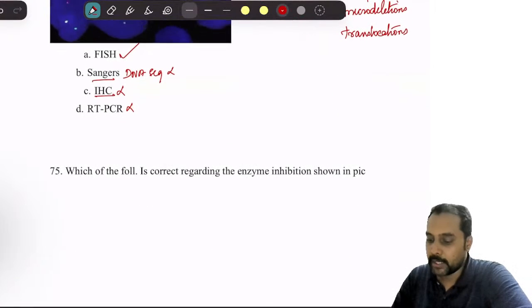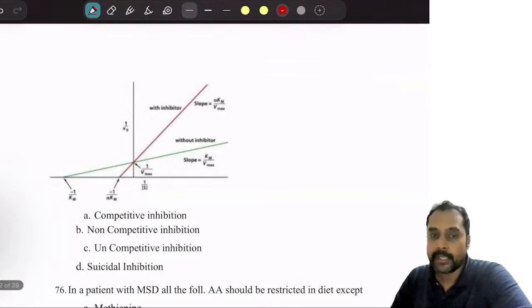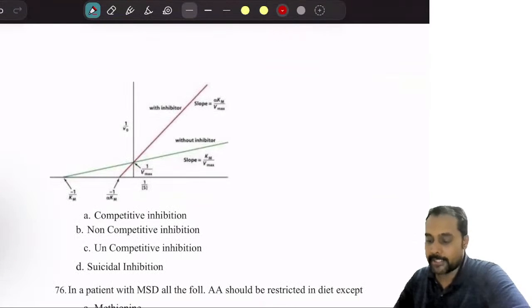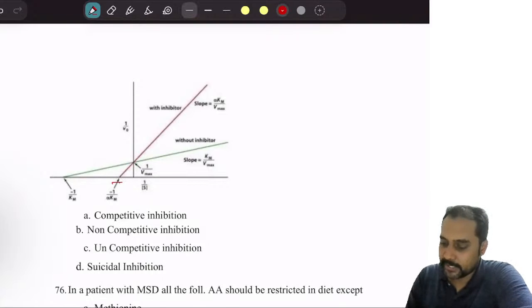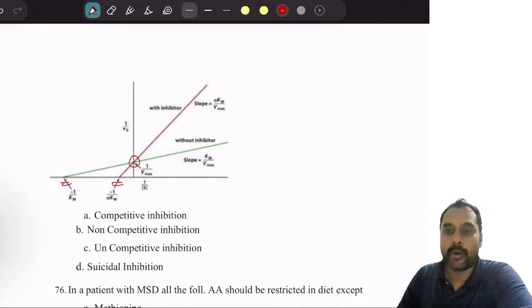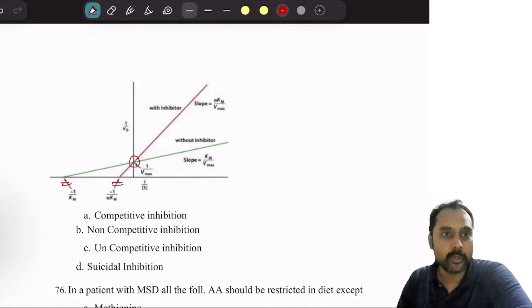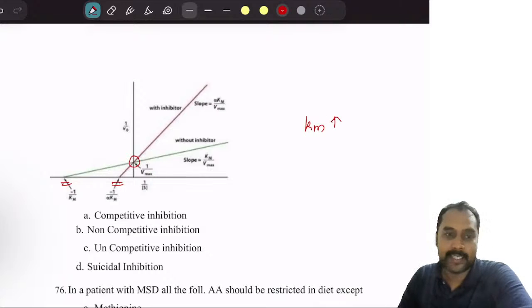Which of the following is correct regarding the enzyme inhibition shown in the picture? Now it is very, very easy. I have already taught you this. When you see there is a change in the x-axis, with inhibitor and without inhibitor, and there is no change in the y-axis, that means there is no change in the velocity. So what has changed is Km has increased.